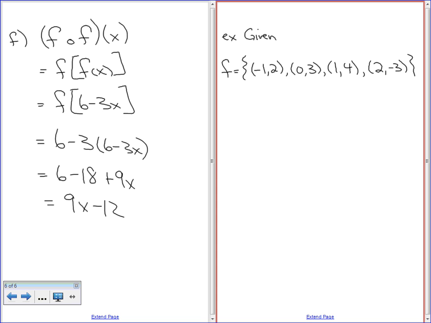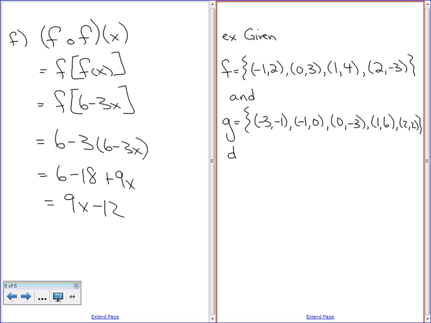So these are the 4 points that make up the f function. And the g function is defined by these set of points. Okay, we have all that.